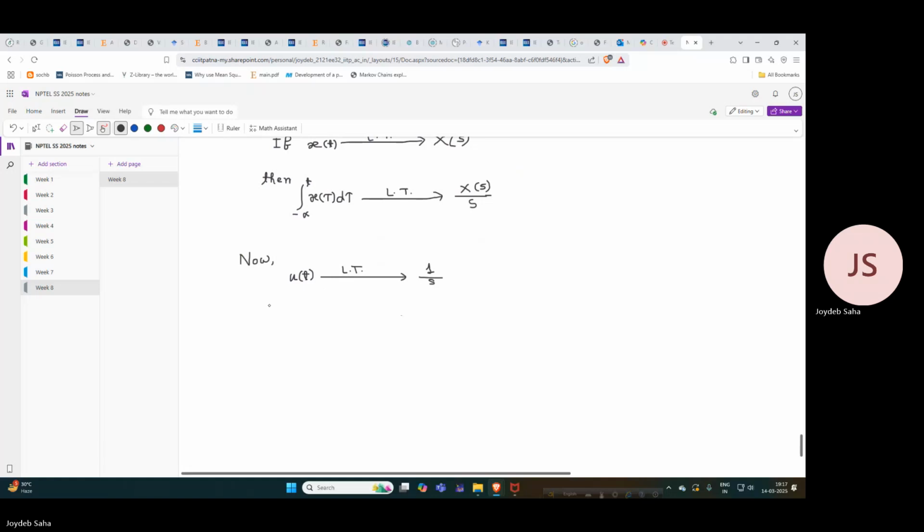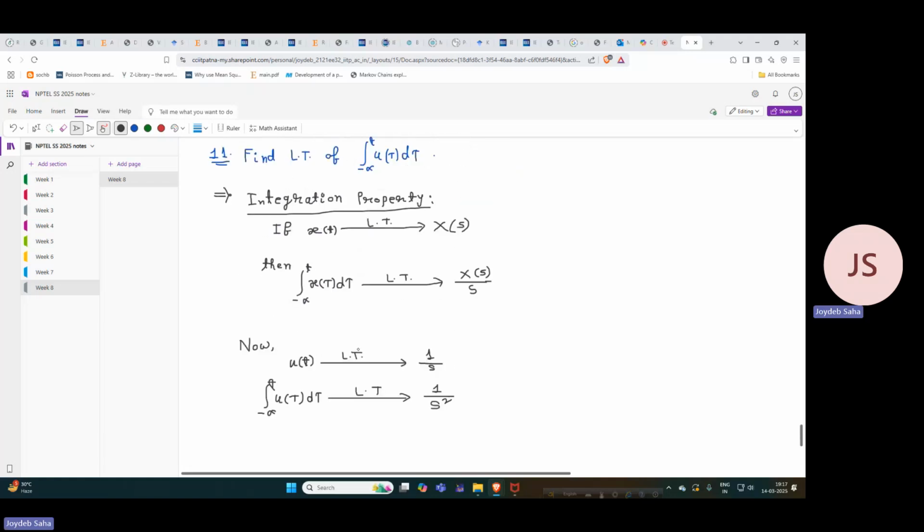So the integration from minus infinity to t of u of tau d tau is 1 upon s square. Right? Okay.